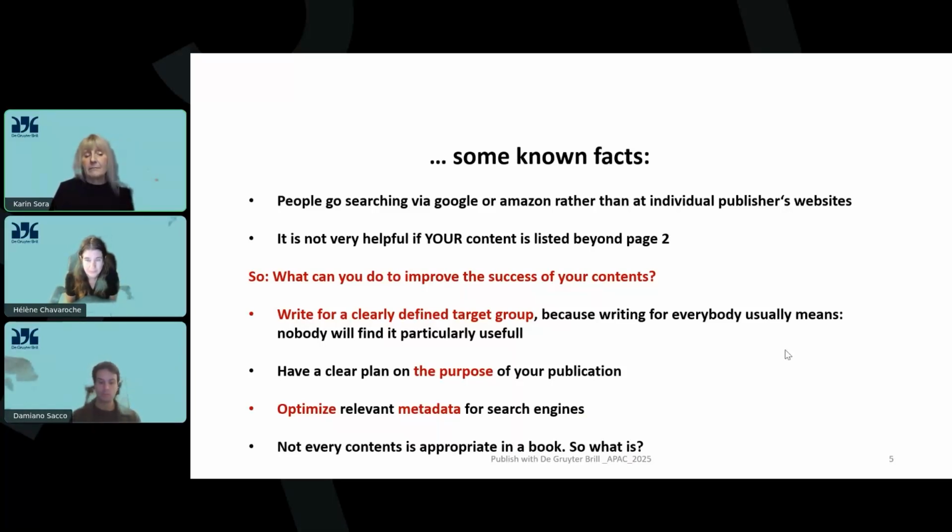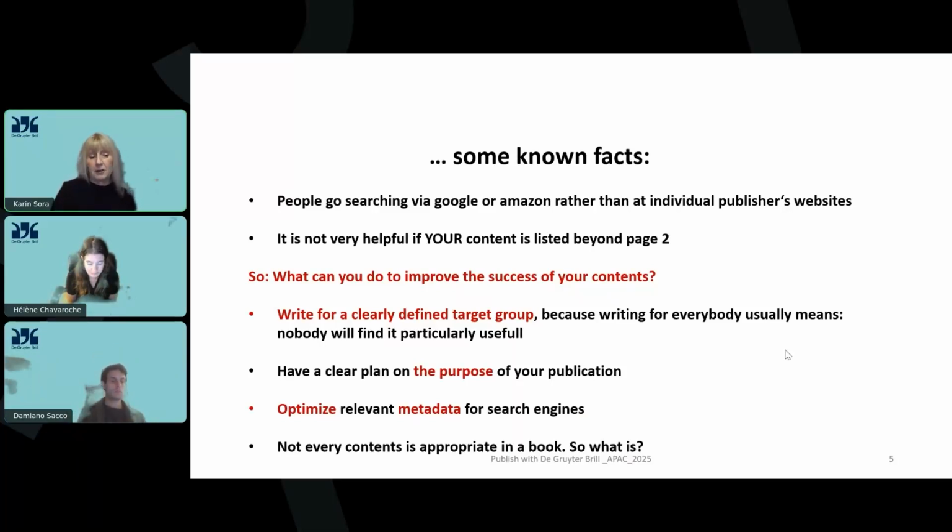This means it's not particularly interesting for anybody. You have to have a clear plan on the purpose of your publication. So are you writing for a teaching purpose, or are you just communicating science? And then we have to optimize the relevant metadata for the search engines.